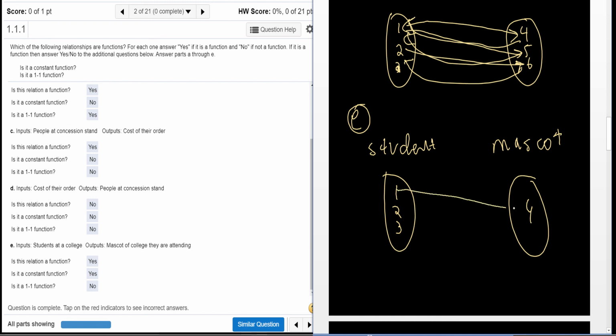The students at the college all have the same mascot. Is it a constant function? Does each student have the same mascot? Yes, it is a constant function. Is it a one-to-one function? No, it's not. If we map it back, we see it fails. Although it's a function one way, it's not a function both ways. So it's not a one-to-one function.